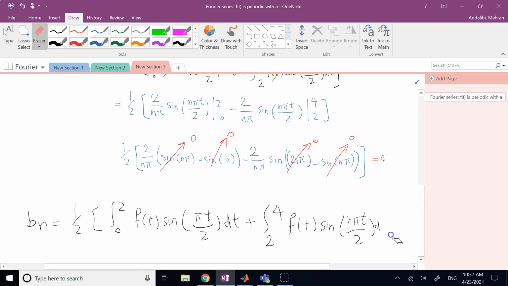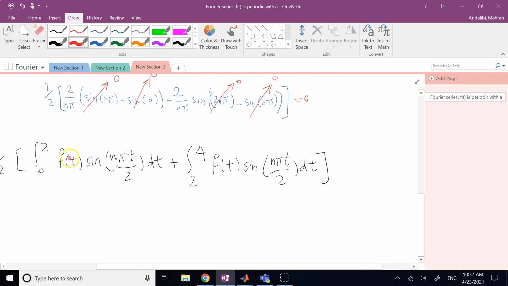Okay, let me do a little bit of cleaning here and making it nicer looking. And again here, these are 1 and -1. And if you do it, again, this 2 over n pi comes out, and you can simplify it with 2.